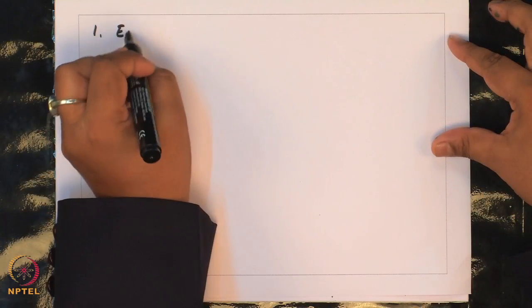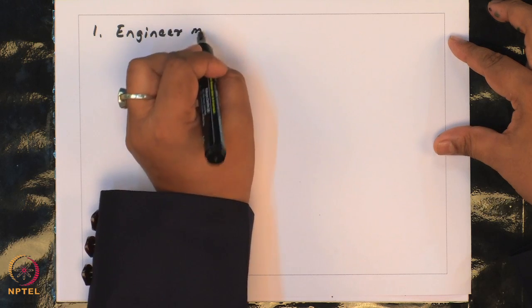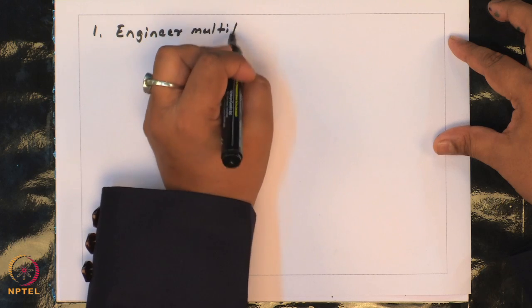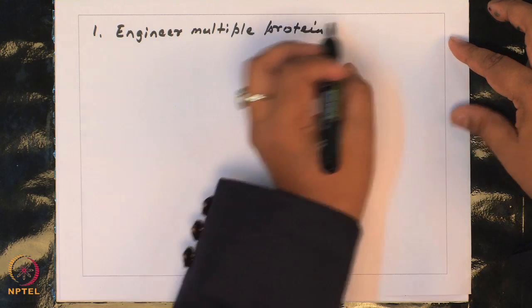So, in the last class we had discussed unfolding of fibronectin and how you can go about designing experiments to determine the unfolding signature of individual domains within the fibronectin 3 module. If I were to write down the steps, you have to engineer multiple protein constructs.